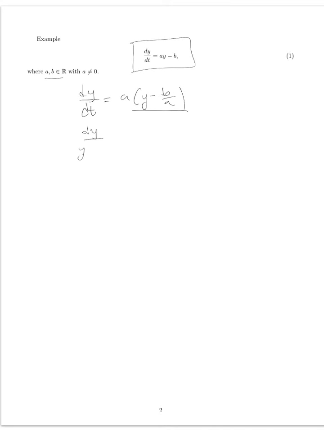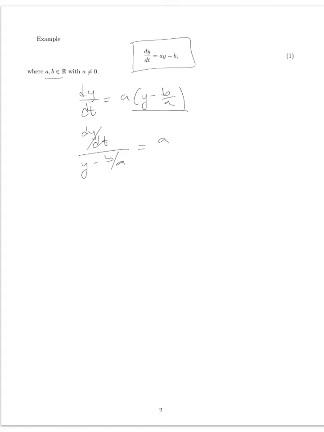So I have y minus b divided by a. Let me delete that and write it a little bit better. dy dt is a times y minus b over a.